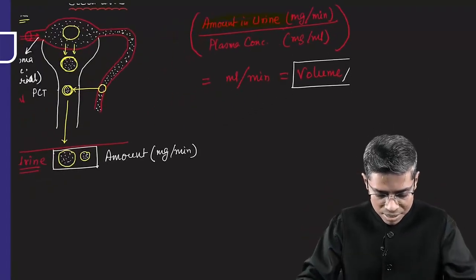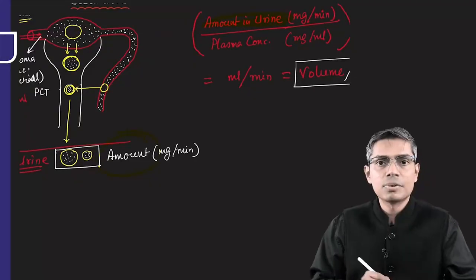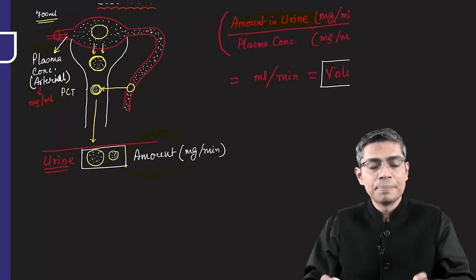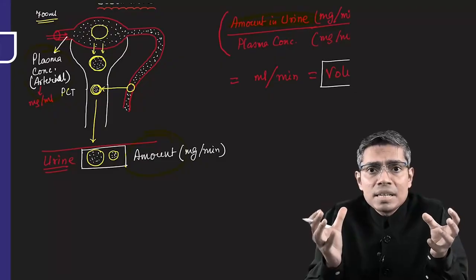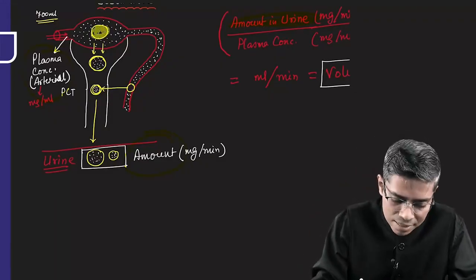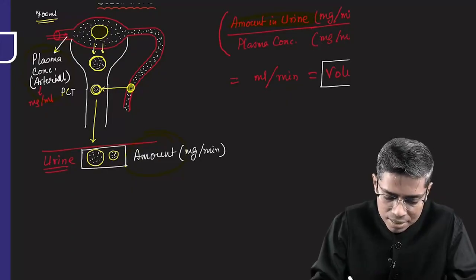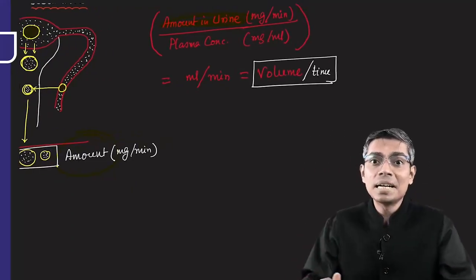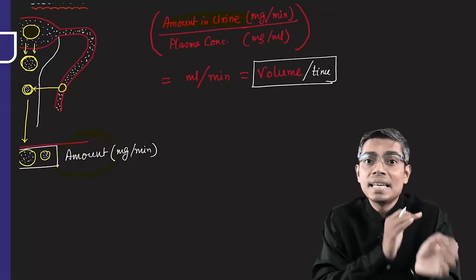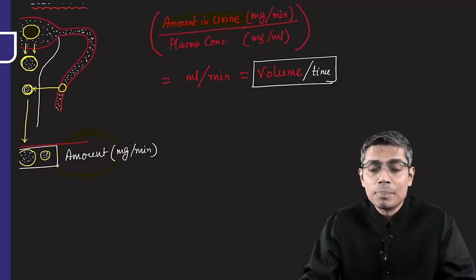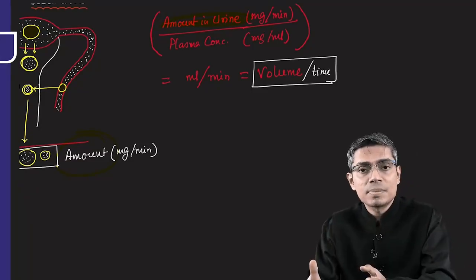That is the volume from filtration and the volume from secretion. This way, we are calculating the volume which is getting cleared, not by a direct way but by an indirect way, by dividing the urinary amount by your plasma concentration.